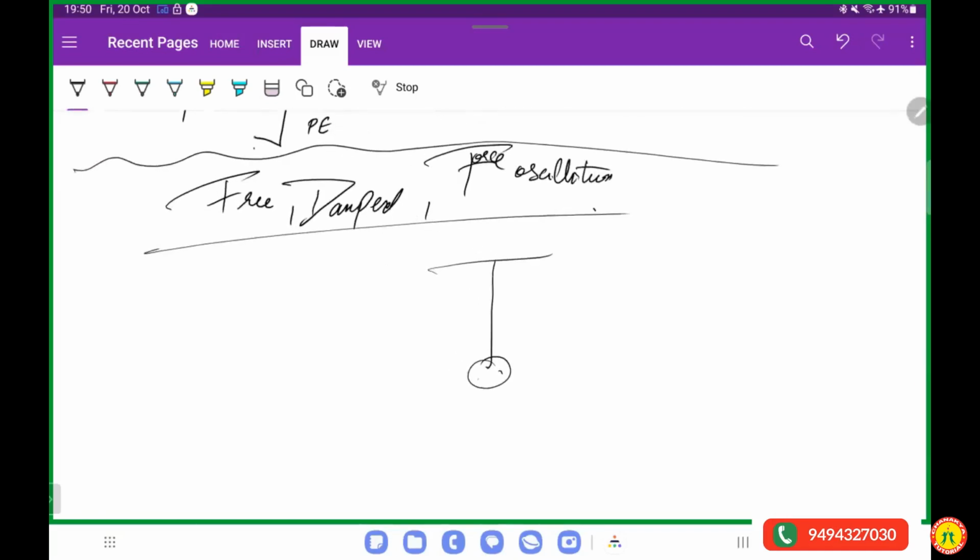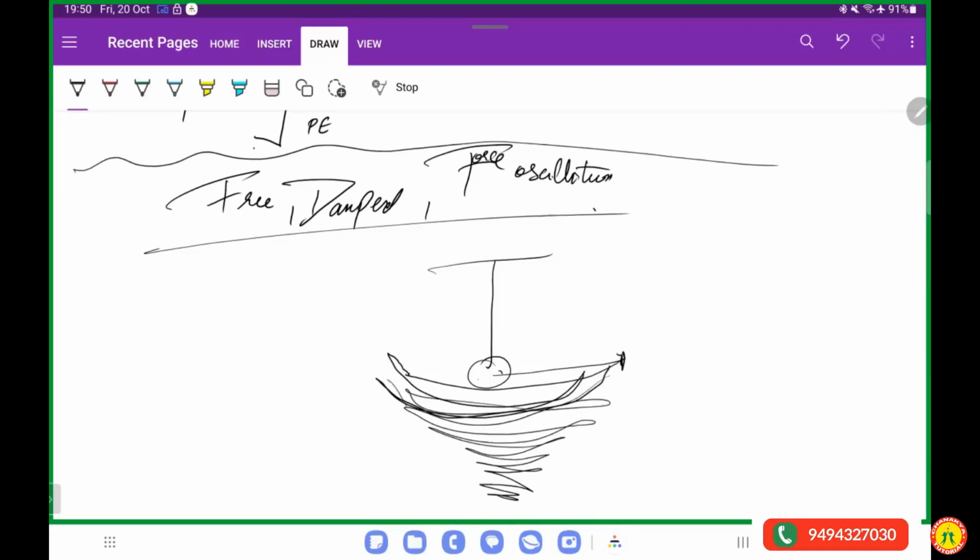If we consider everything, all three will happen here. I'm forcefully oscillating it, then I'm leaving it. Now I'm releasing. I'm not tapping again and again. I just oscillated once, and it will keep oscillating. Now it became free oscillation. Now this free oscillation is slowly reducing, so it became damped oscillation. See, it's damping.